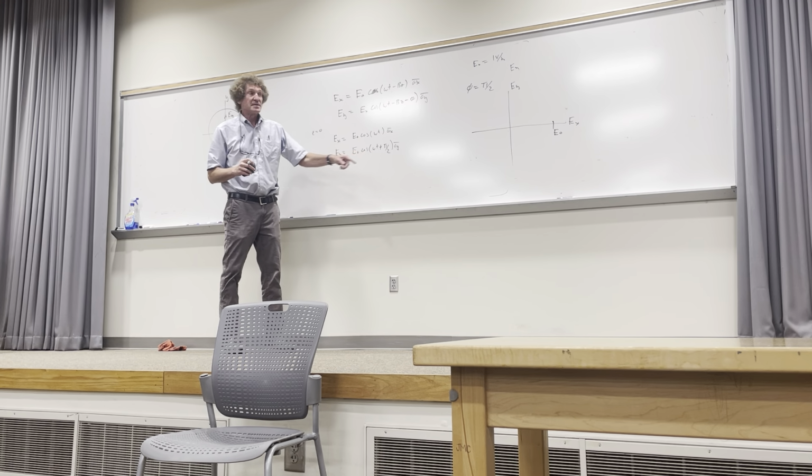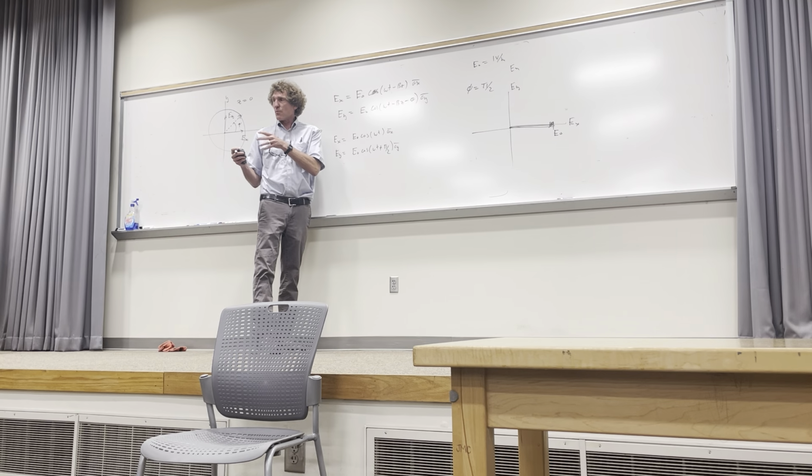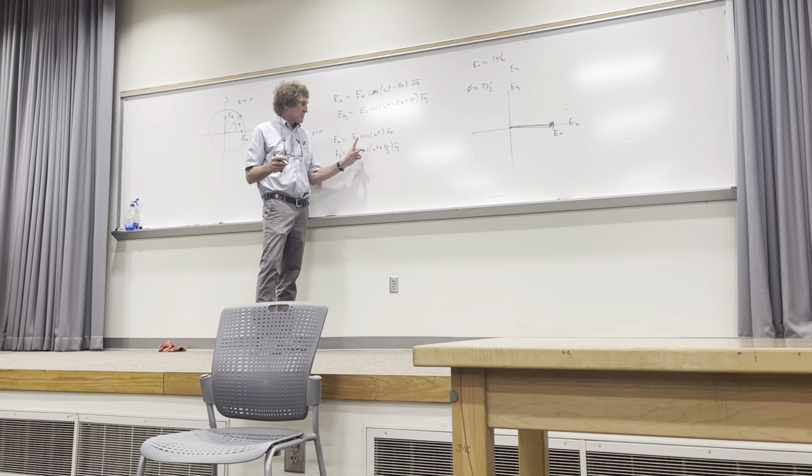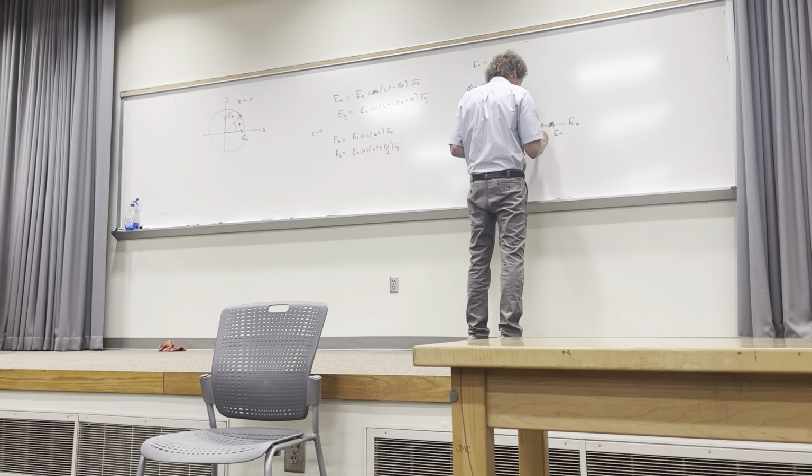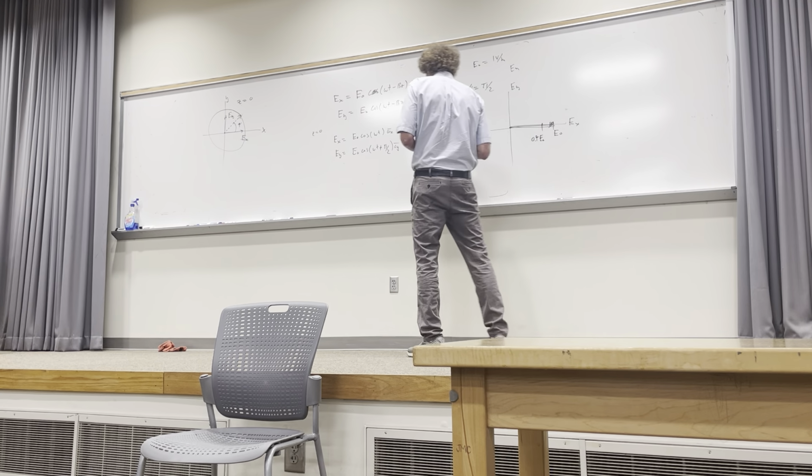Now let omega t be equal to pi over, I'll tell you what, we'll go pi over 4. What happens up here? Cosine of pi over 4 is 1 over square root of 2, right? So the value on this axis comes down to here, to 70%. What about the vertical value, EY?